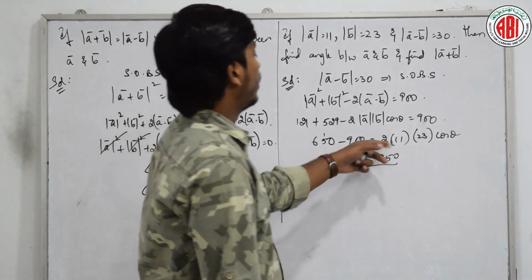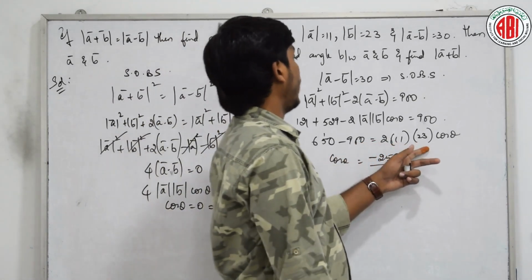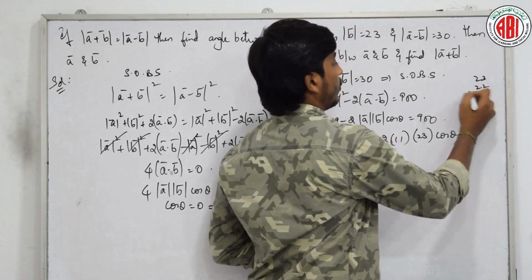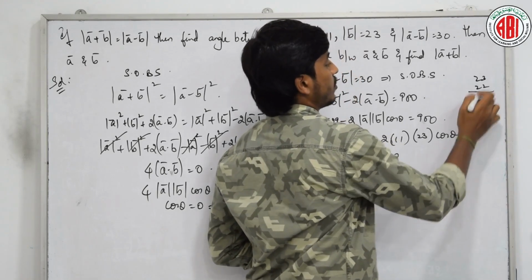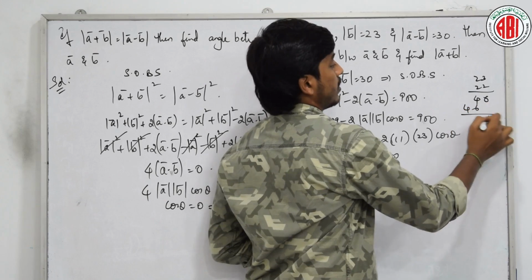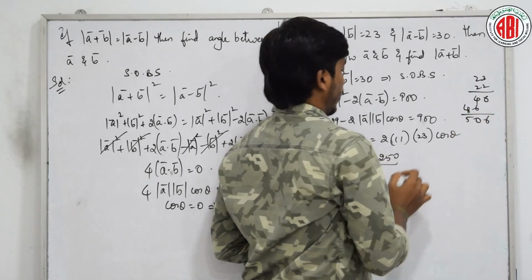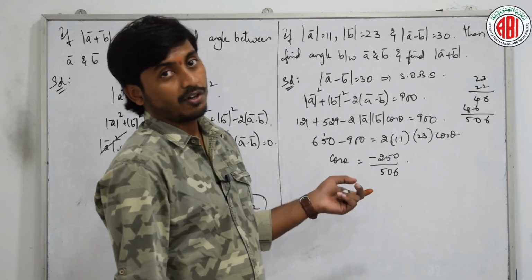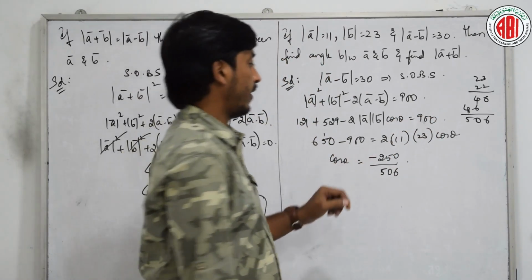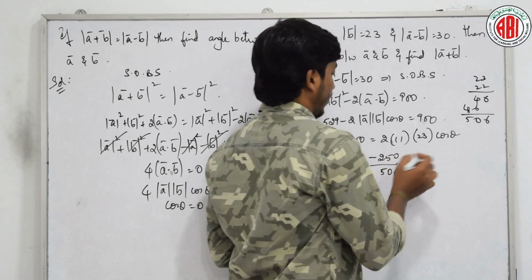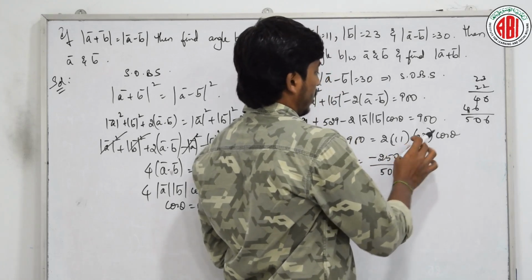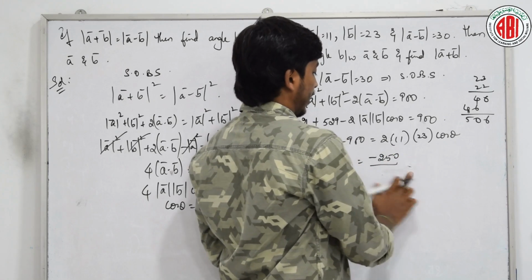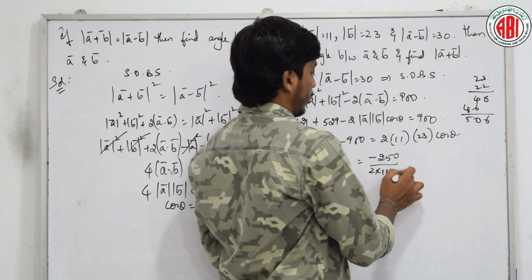How much is it? 22 into 23. Just multiply 23 into 22. 3 2s are 6, 2 2s are 4, that is 506. If we want to divide with 2, we can do it. Or else let it be like that. Let us put it 2 into 11 into 23.